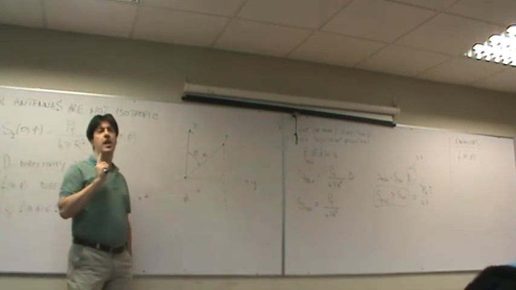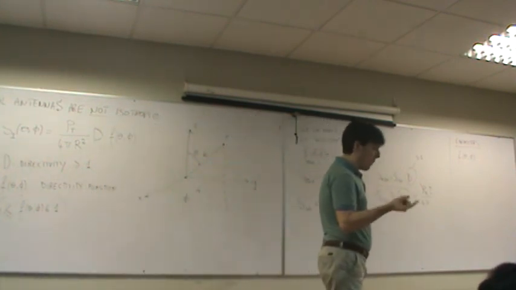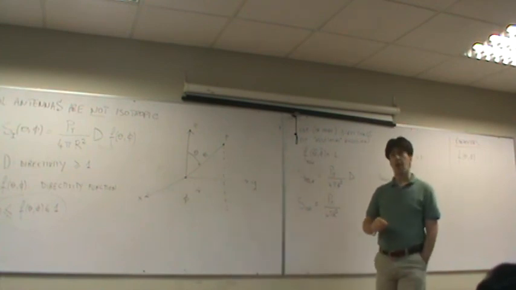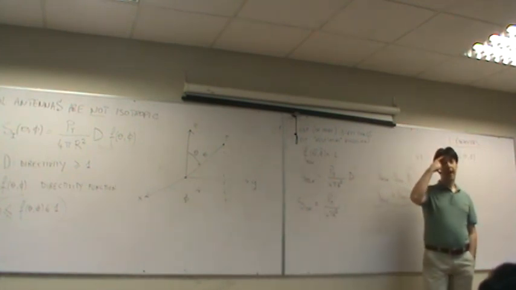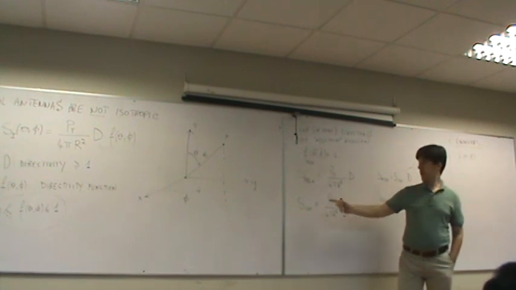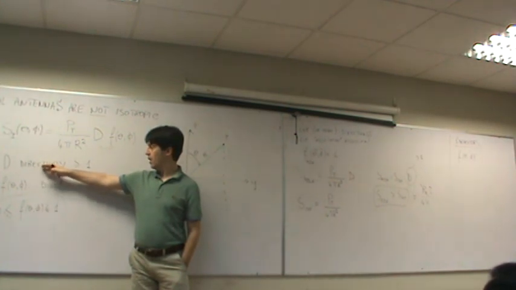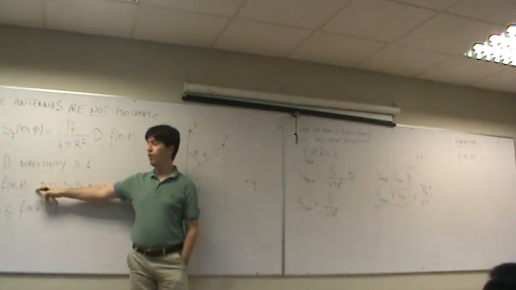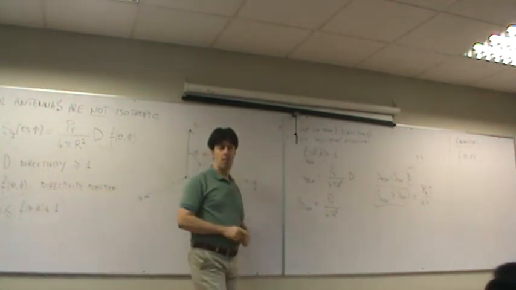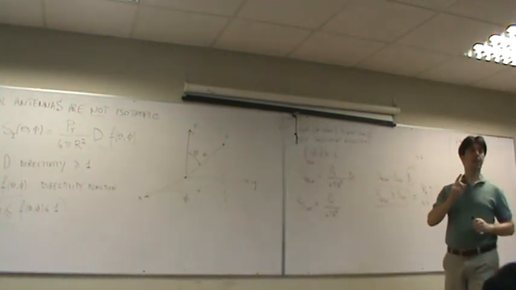A common mistake that is made when you think that you want to buy an antenna is to say, okay, I want to buy the antenna with the highest gain. This is wrong. Because we have seen that, we are not seeing the gain yet, but the directivity depends on the directivity function. So when you have to choose the antenna that you want, don't think about the gain.